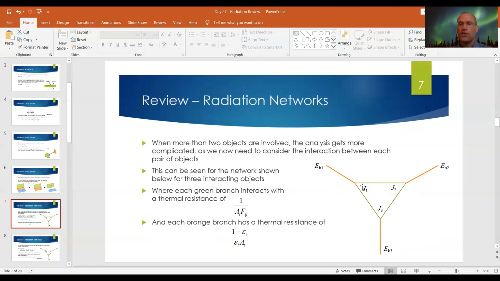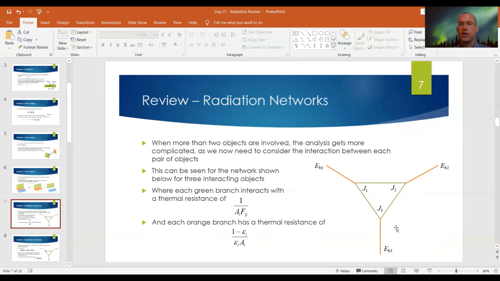Then once I'm at that surface, I can interact with all these other objects, and those interactions are down to the shape factors: how much of the radiation leaving my surface, all my J's, is actually hitting the other surface. So from J1 to J2, for example, I have 1 over (A1 F12), or conversely 1 over (A2 F21), because those are the same thing. Each of these green lines has a resistance that looks like this, 1 over (A times F).